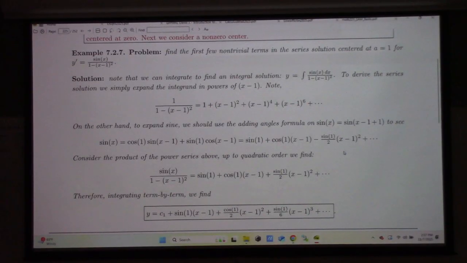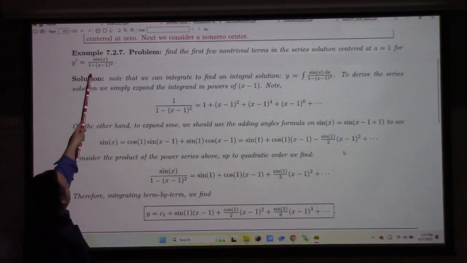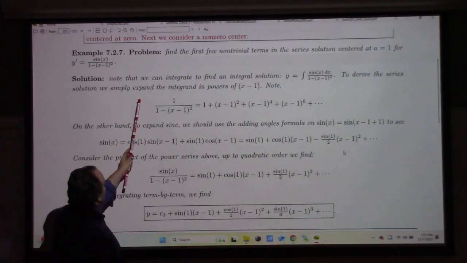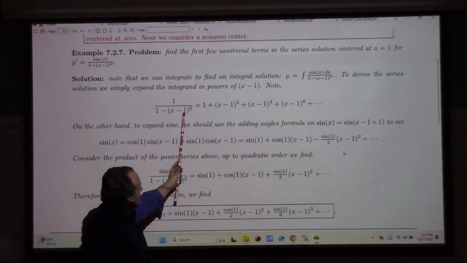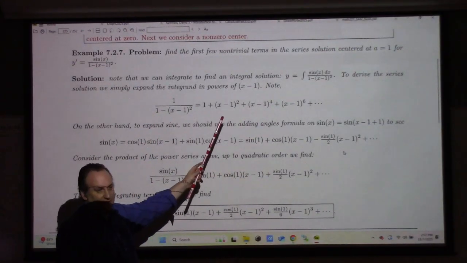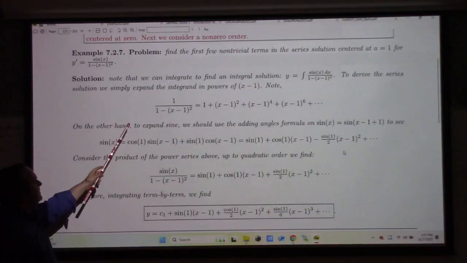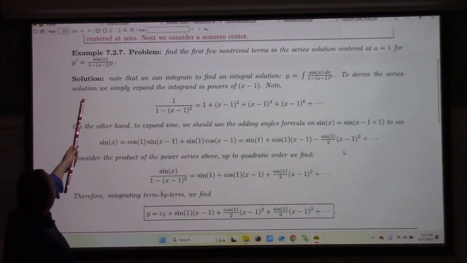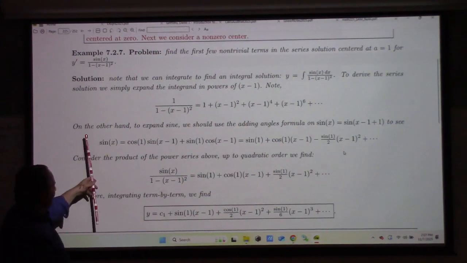Now, here's another one. We're solving y prime equal to sine of x over 1 minus x squared, right? So this one, I do the geometric series for that. This one's actually centered at 1 rather than 0, so it's a little bit different, right? And because we can. And then, let's see here.